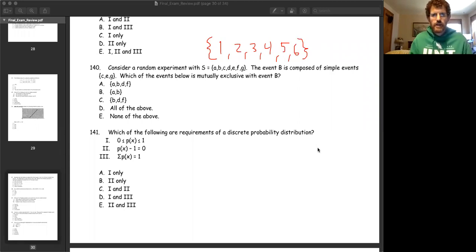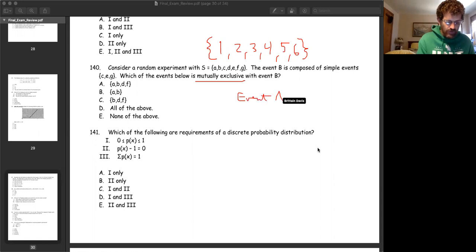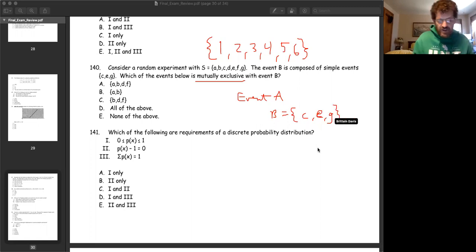So now we're trying to figure out what are mutually exclusive events with B. So if we have, well, I'll just call this one event A. So B has a sample space of C, E, and G. And I don't know what C, E, and G are, but those are some values that it could take on.